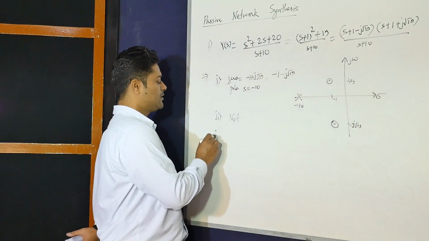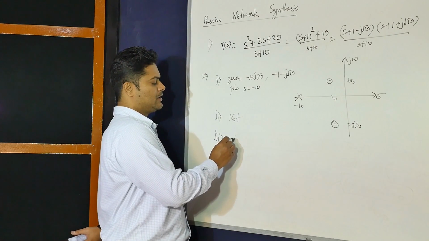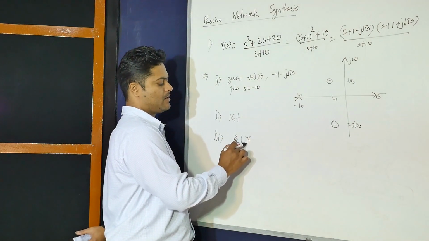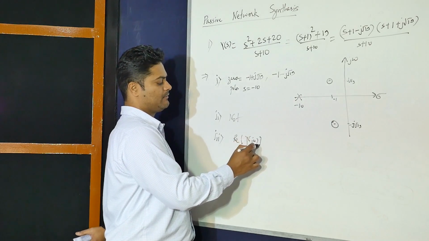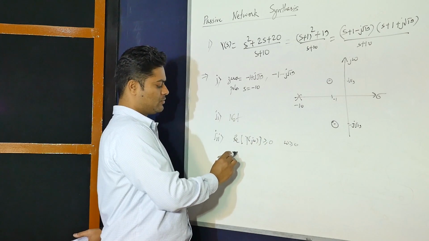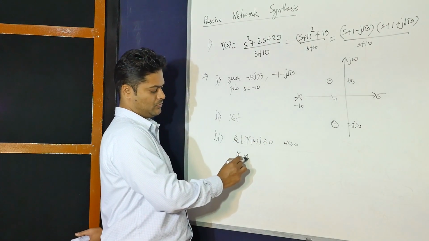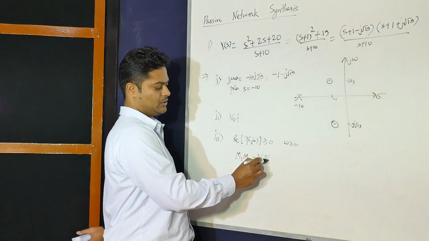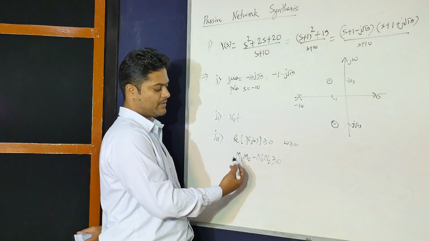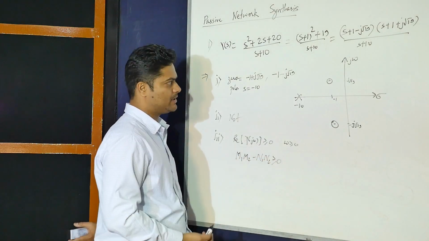The third one: we have to find out whether the real part of Y of j omega is greater than or equal to 0 for omega greater than or equal to 0. So m1 m2 minus n1 n2 should be greater than or equal to 0, where we have m1 of s, m2 of s, n1 of s, n2 of s.